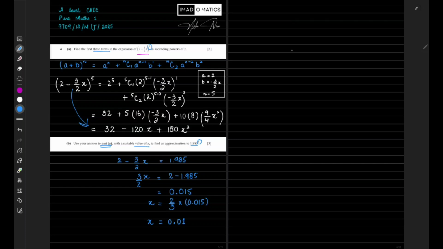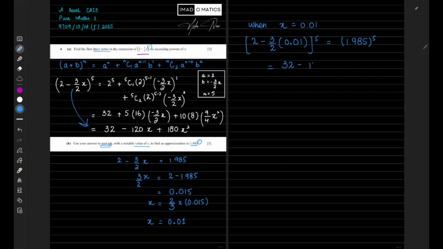So when x is equal to 0.01, then (2 minus 3 over 2 times 0.01) whole power 5 will be equal to 1.985 whole power 5. Okay, this is equal to this, or you can substitute this in the expanded form.